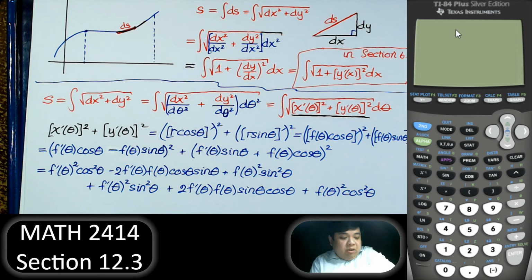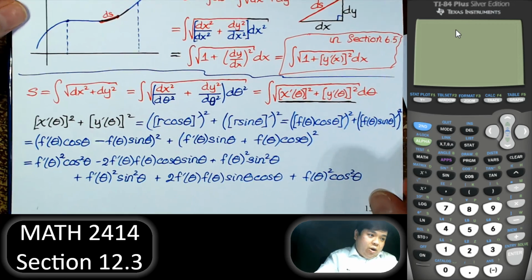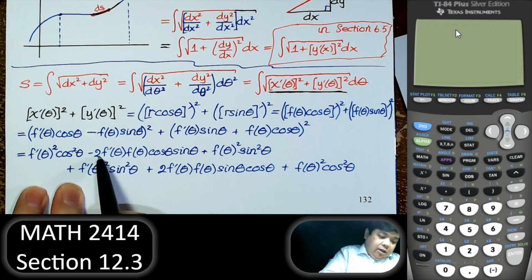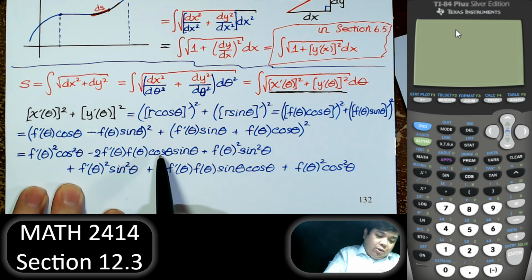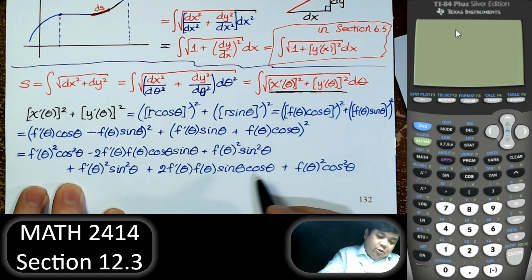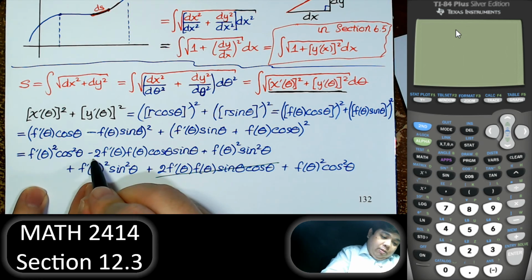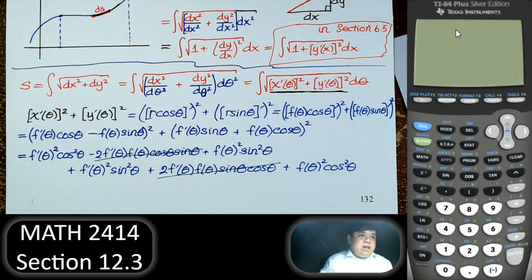Right, can we simplify anything? And the answer is yes. What we have here is minus 2 times derivative function cosine sine, and then plus 2 times derivative function sine cosine. So those cancel out.